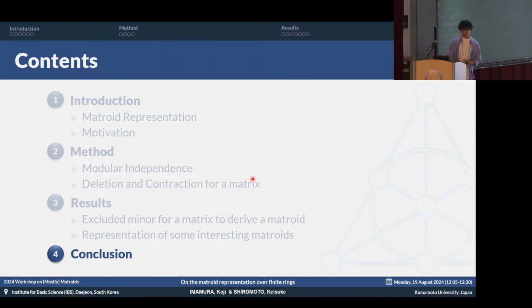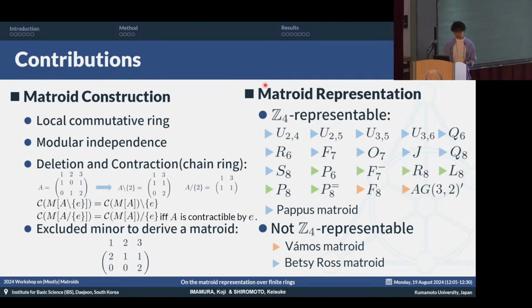Okay, finally we summarize our results. So we gave a matroid construction using a ring. In my talk, we restricted ourselves to the case of the ring of integers modulo 4, but we can construct a matroid with modular independence; it can be generalized to the case of local commutative rings.